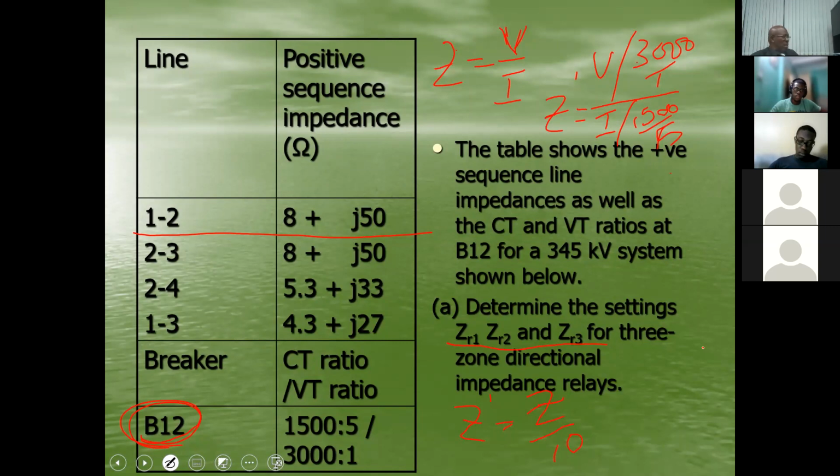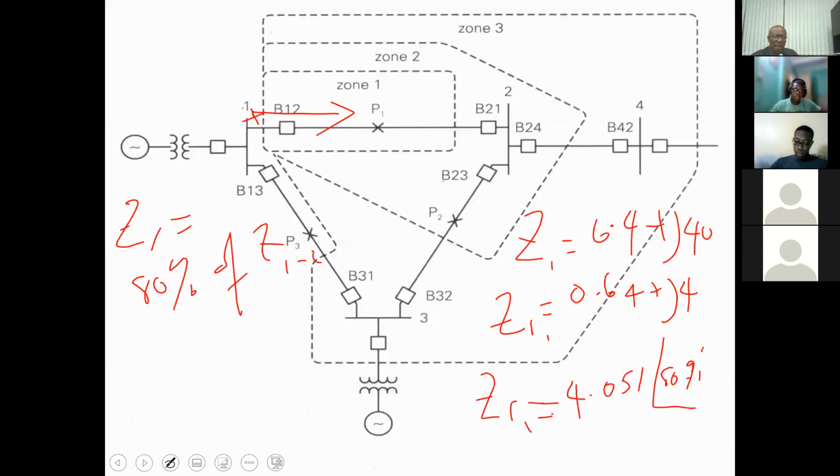And then for the zone 3, the adjacent line, based on what we are protecting, it will be 100% plus 120% of the adjacent line, whichever is longer. So you need to determine which of the two will be longer. So the adjacent lines, the options you have would be 2, 4, or 1, 3.